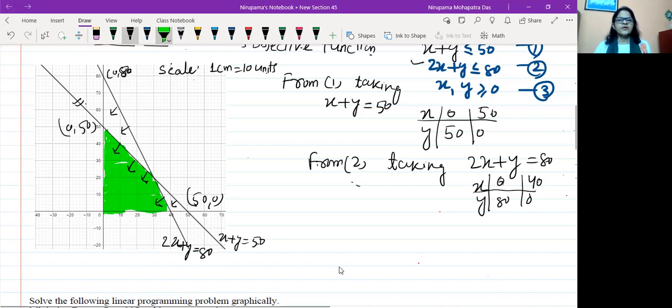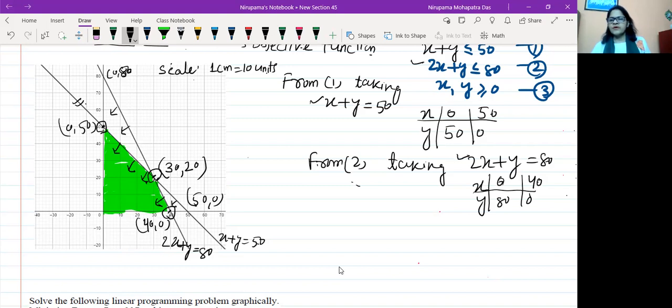Taking the corner points of the bounded region, this is one corner point, this is another, and this one. So this point is 40, 0. And this one, you can see from the graph, is your 30, 20, right? But to be more clear, to double check, you can solve these two equations: x plus y equal to 50, 2x plus y equal to 80.